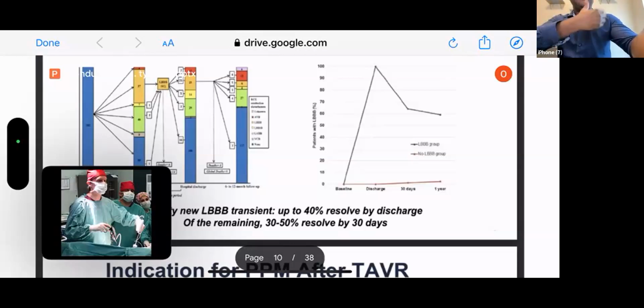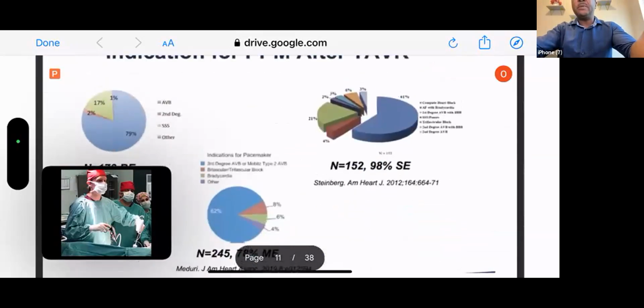So a pacemaker is not really needed in some of these patients if they are stable. And we know that left bundle branch block can also be stable and asymptomatic and not need a permanent pacemaker. But like I said, if a patient already had a pre-existing right bundle branch block and then develops a new left bundle branch block that is persistent, then those patients will definitely need a permanent pacemaker.